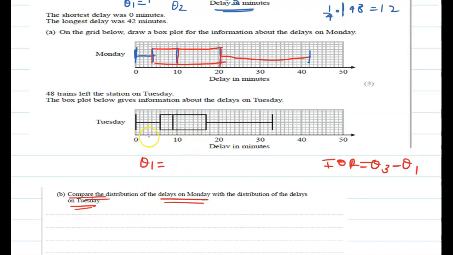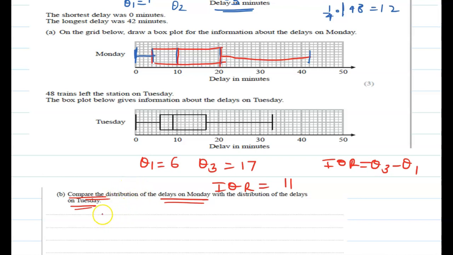If you see here, Q1 is 1, 2, 3, 4, 5, 6. Q1 is 6, and Q3 is 17. So IQR is 17 minus 6, that is 11. And the median is how much? It is 9 here. So the median on Monday is greater than Tuesday.